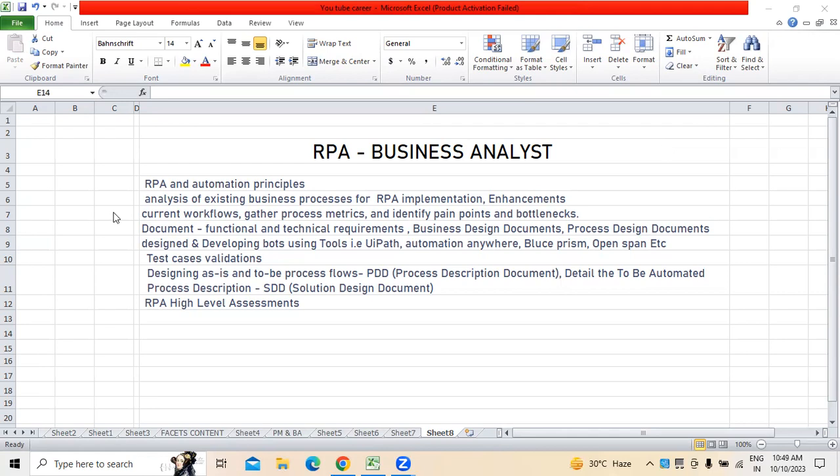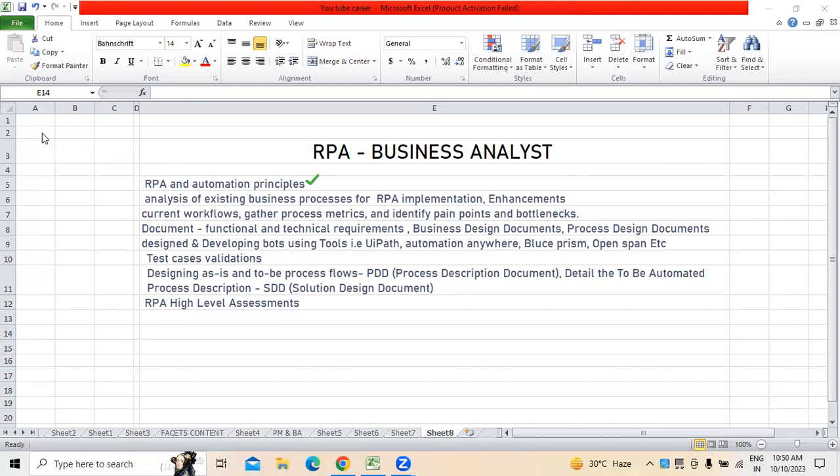Apart from that, first of all, we need to have an understanding of RPA automation principles, because that sort of understanding is essentially required for us. There are different principles and practices which RPA consists of, so that knowledge is required.